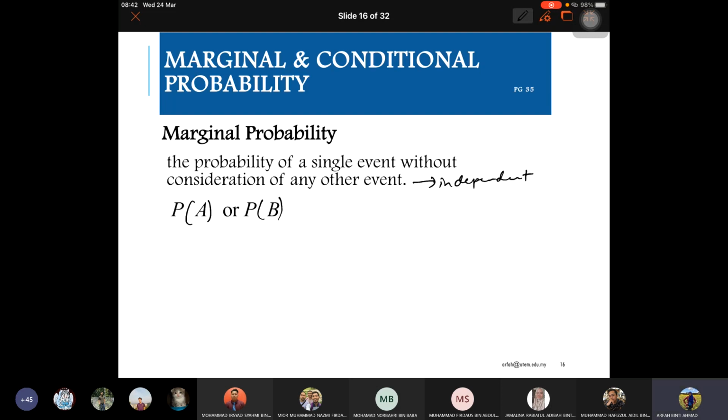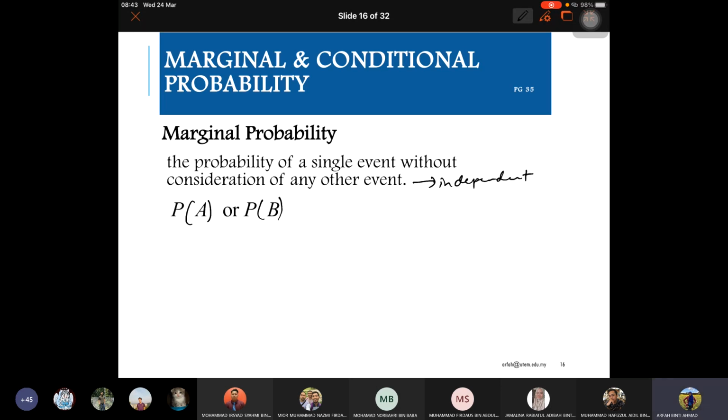Independent event, peristiwa yang tidak bersangkut paut antara satu sama lain. Contohnya, apakah kebarangkalian Fazura kahwin dengan Fattah Amin tak disangkut paut dengan kebarangkalian awak belajar dekat UTM. Itu for example. Okay, an independent event.